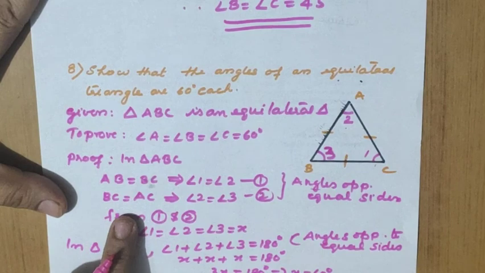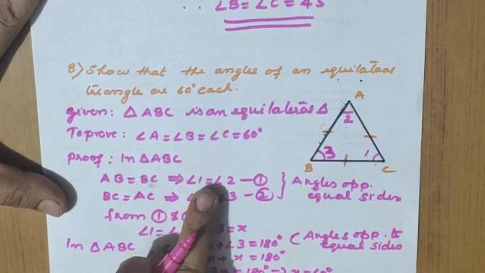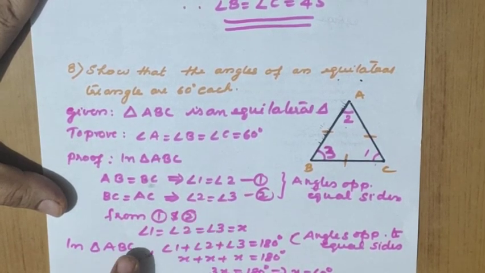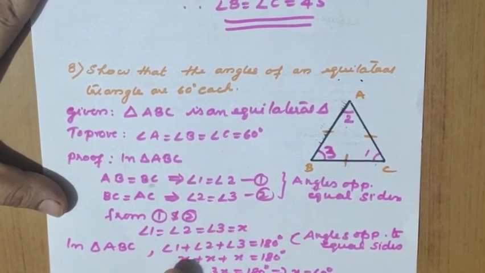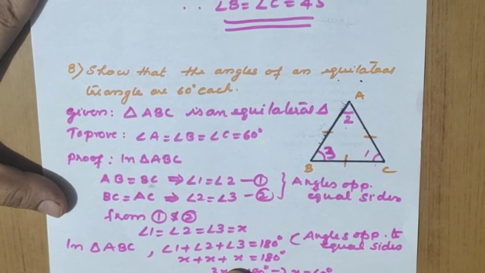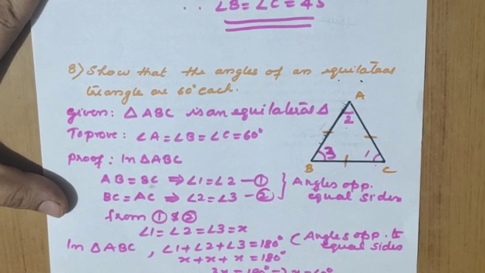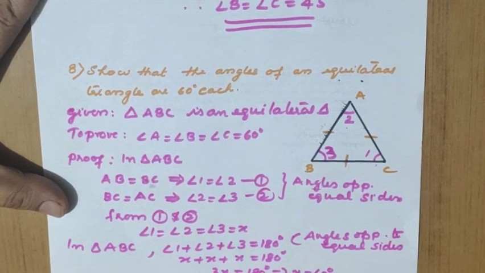That means all the three sides are equal. Similarly 1 equal to 2 and 2 equal to 3. So all the three angles are equal to x. So these are the steps to be written correctly. Then you can directly write 3x equal to 180 and x equal to 60 degree. That means what is the measurement of an equilateral triangle's angle? Each angle equal to 60 degree.